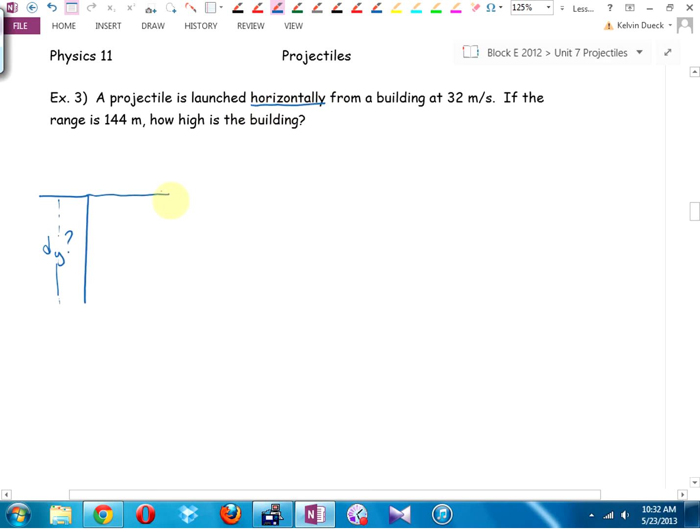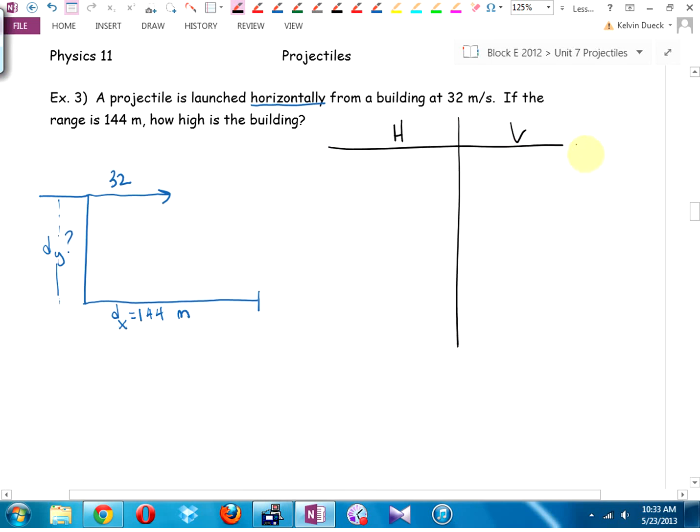I do have a horizontal velocity, which is 32. What else have they told me? They've told me this distance here, which is 144 meters. In fact, I think they've told me dx. Oh, right away I can say ax is 0, ay is negative 9.8.